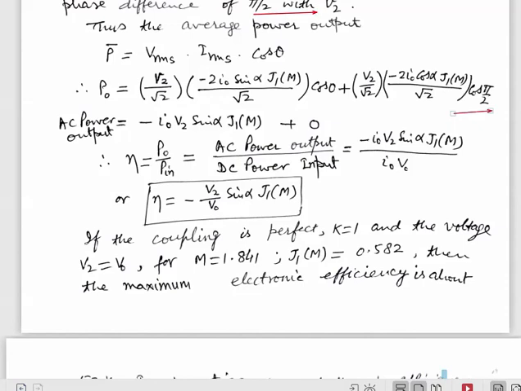So this cos 90 term, that is the second term, will become 0, and therefore the AC power output at the catcher cavity is given by minus I0 V2 sin alpha J1(m).